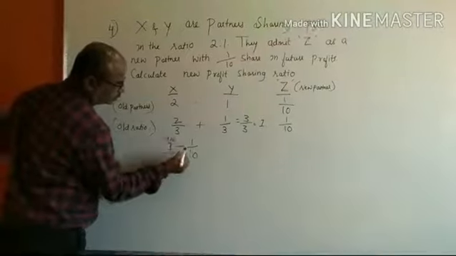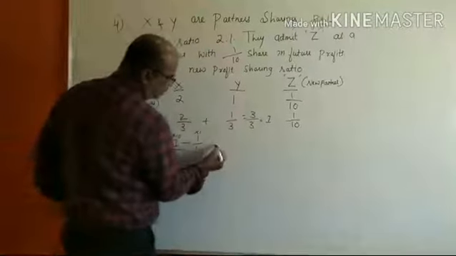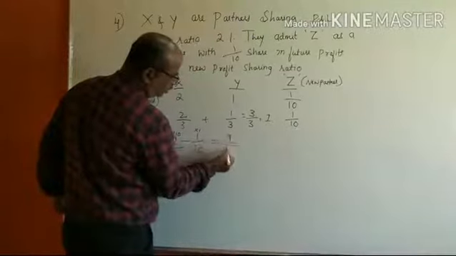Cross multiply this into 1: 10 minus 1 equals 9/10.